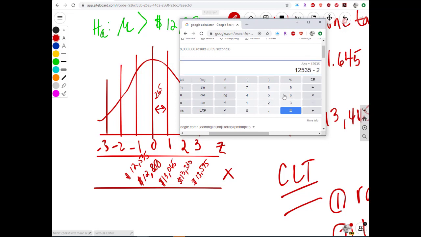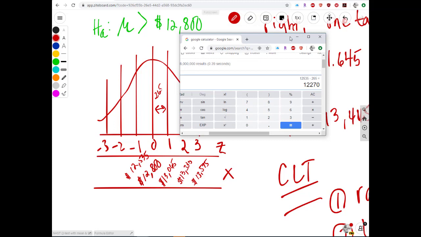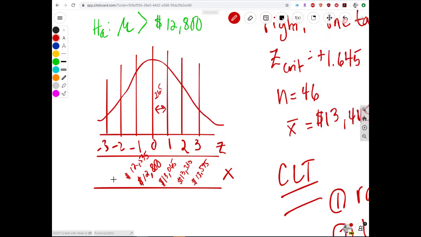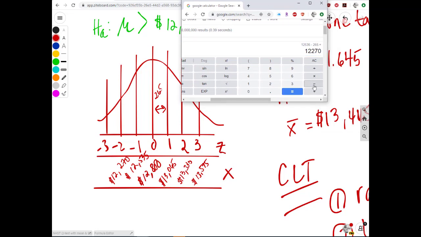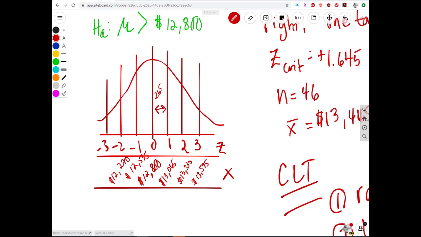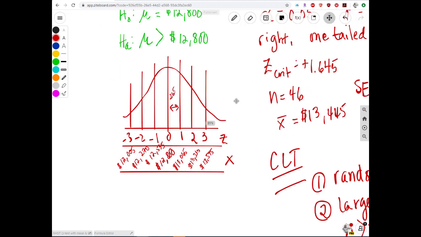Subtract another 265. 12,270. And subtract the last 265. 12,005. Okay, so here's my model. It's all laid out. Let me zoom back out.